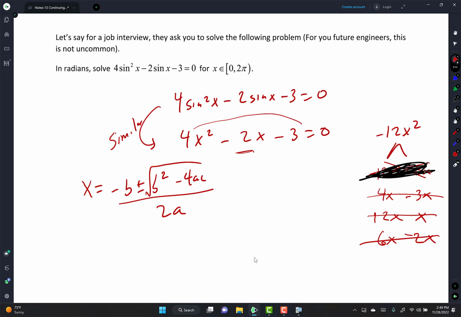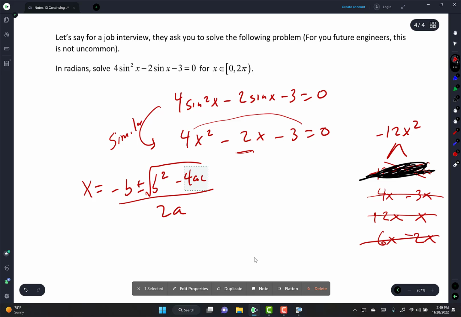It's not PG-13. I should have never mentioned that. Just do the song: negative b plus or minus square root b squared minus 4ac all over 2a. Go to YouTube and search for the quadratic song.